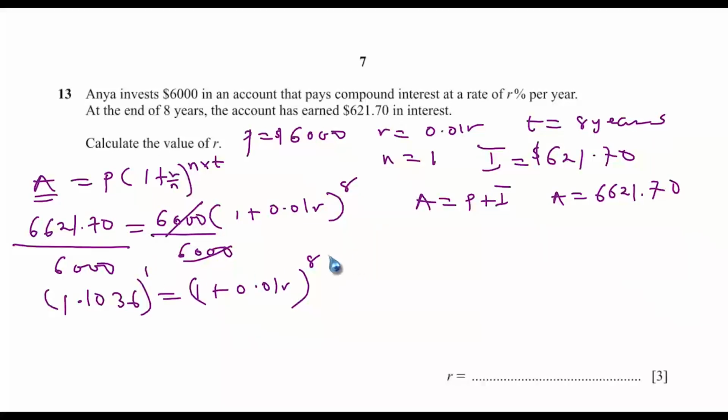Now we want this power of 8 to disappear, so we raise both sides to the power of 1 over 8. This 8 cancels this 8 here, and you are left with 1.1036 to the power of 1 over 8, in brackets, equal to 1 plus 0.01R.